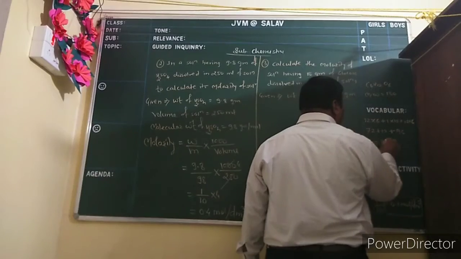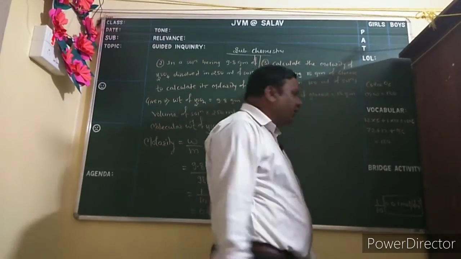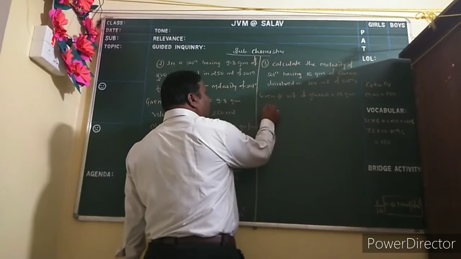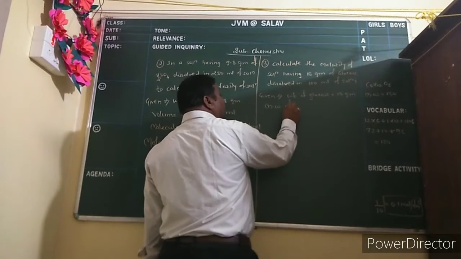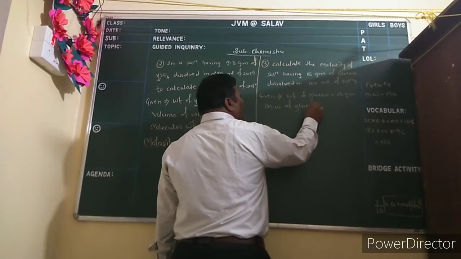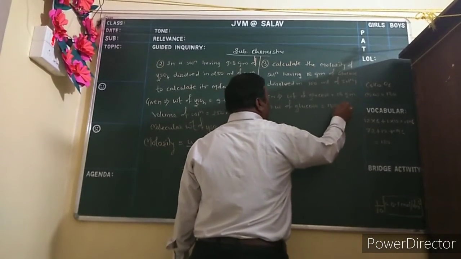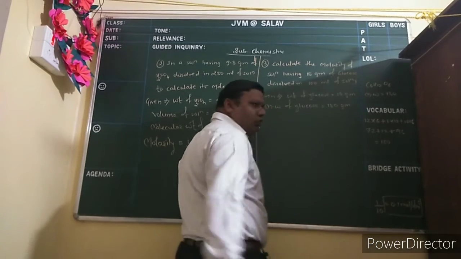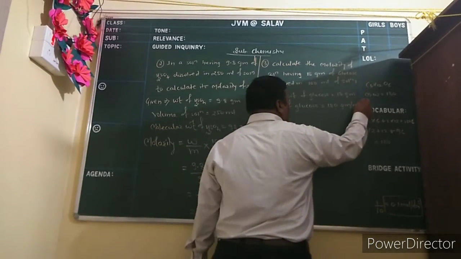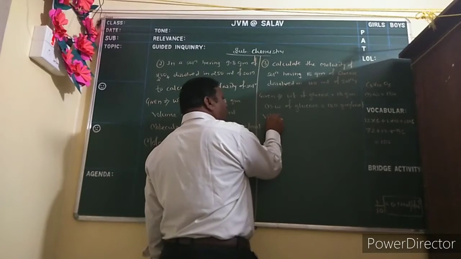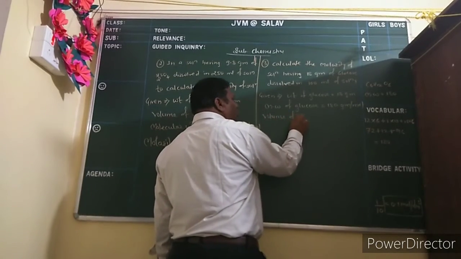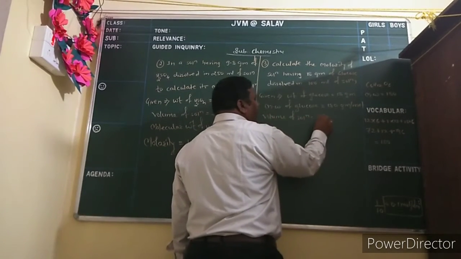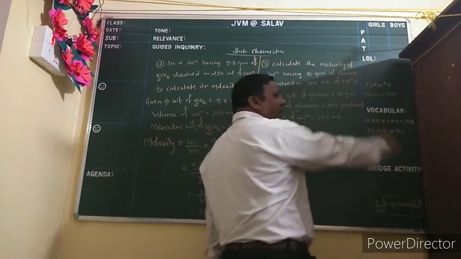Then you will get 180 here. So we write the molecular weight of glucose: it is 180 gram per mole. And the volume of solution is already given, 500 ml.